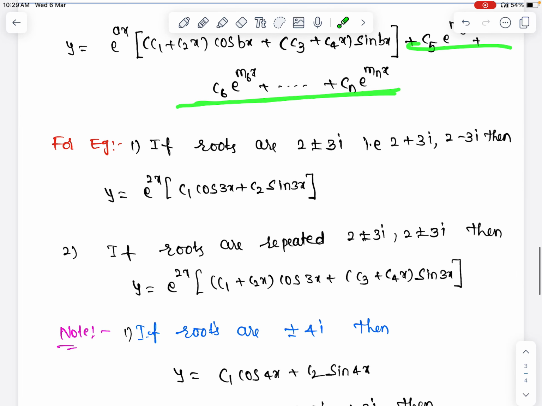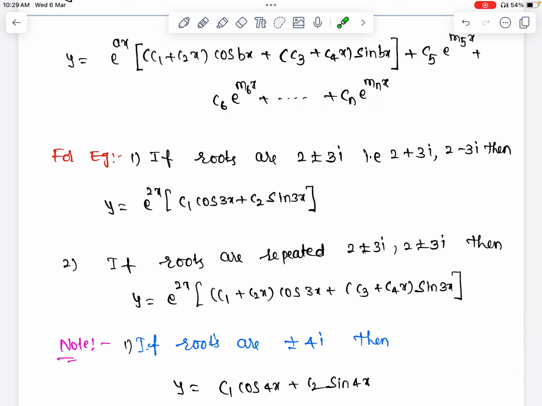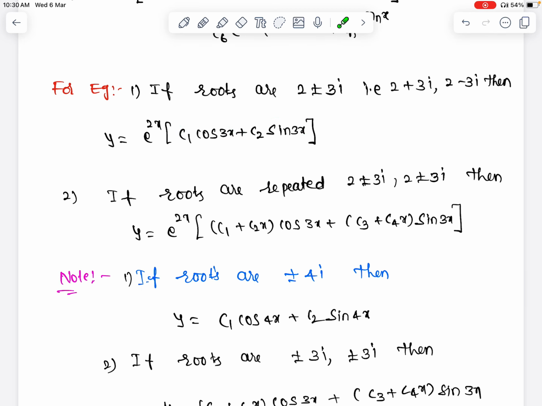For example, here I am taking some simple examples for you. Take 2 plus or minus 3i. These are the roots. Imaginary roots we always get as a pair only. Then the solution is y is equal to e power 2x into C1 cos 3x plus C2 sin 3x. It is the solution when roots are imaginary.